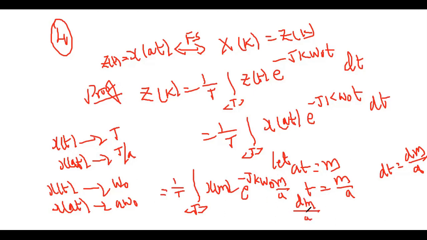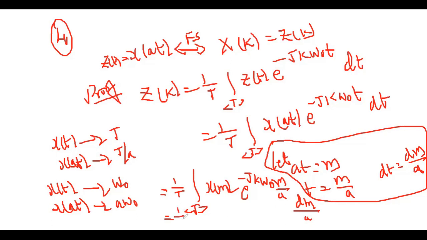So a can be written outside. The time period is T by a, so 1 by T by a is for the time period, 1 by T, and the integral over T of x(m) and e power minus jk omega naught by a. Totally, we can write this as omega naught by a into m into dm.